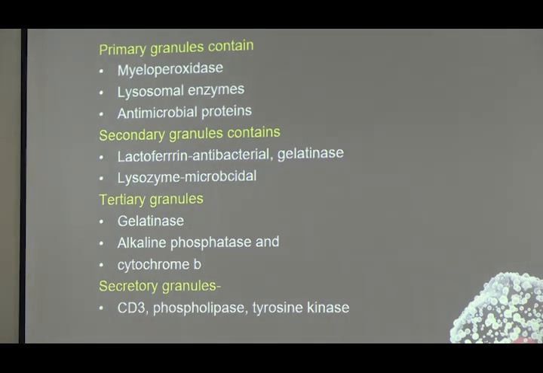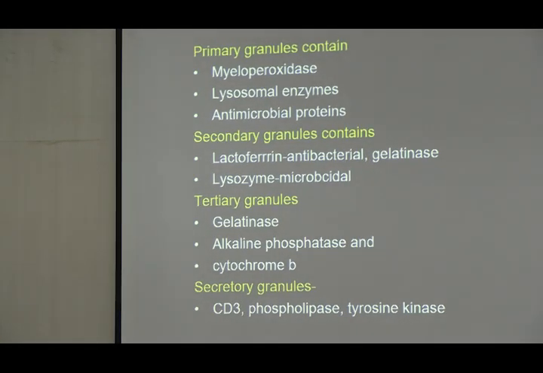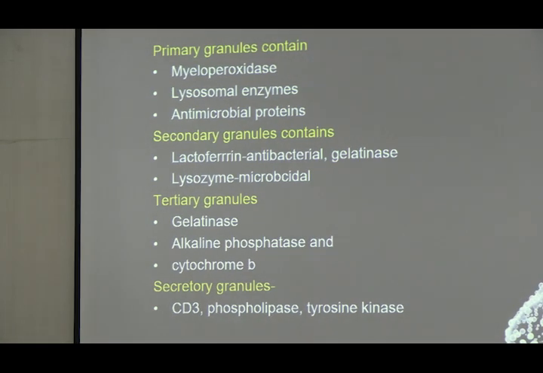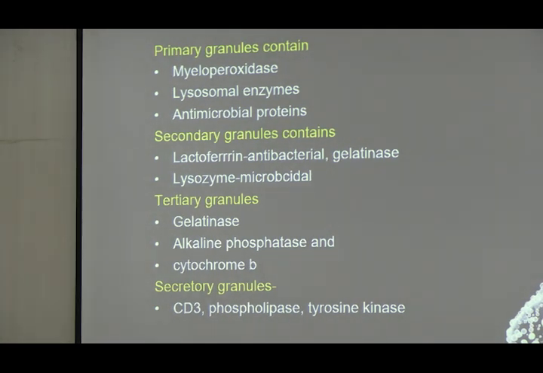Tertiary granules, enzymes. Gelatinase is an enzyme. So all these things are required, the weapons. All these chemicals, proteins, antibodies, they are weapons used by the military. Okay, different types of weapons we are having. So these granules have different types of weapons, and they will use these weapons to fight the bacteria, to fight the invader, to fight the toxins. Okay.